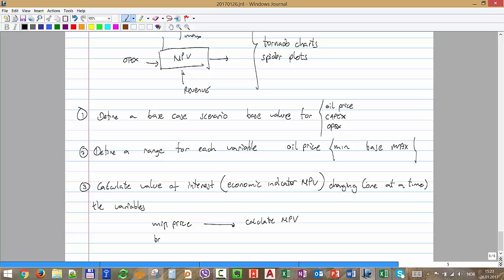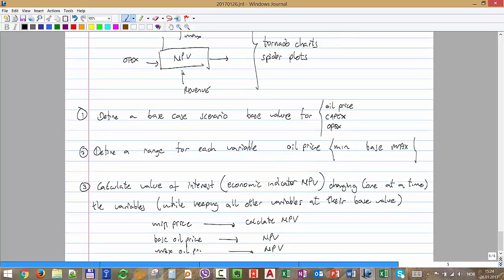You calculate the base oil price and you calculate NPV, and then you say maximum oil price and calculate NPV, while keeping all other variables at their base value. All the others are going to be at the base value, right?